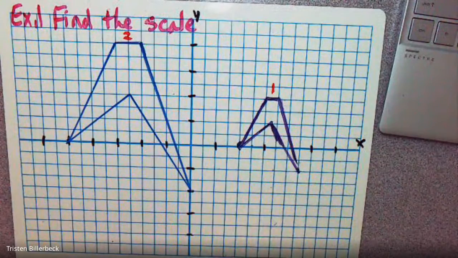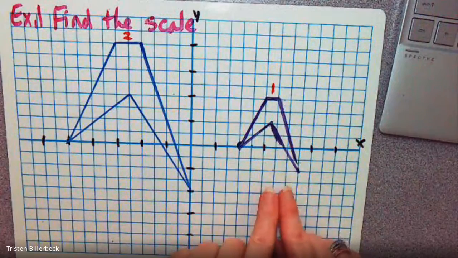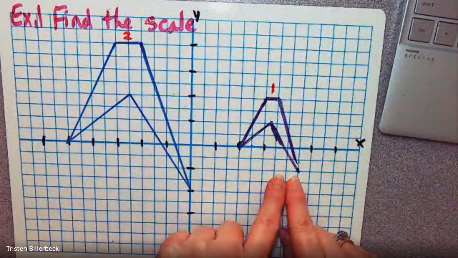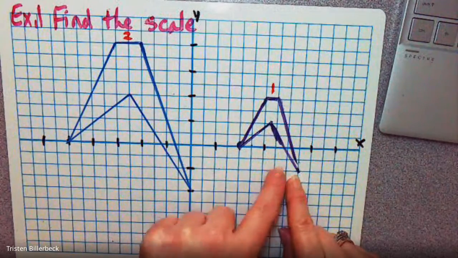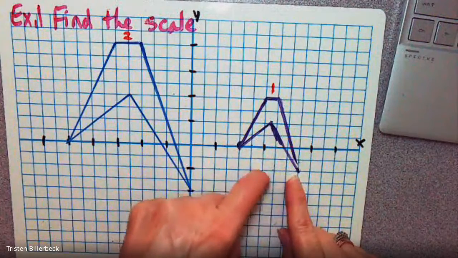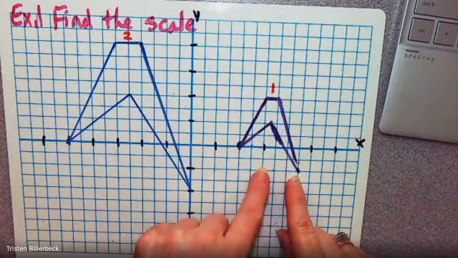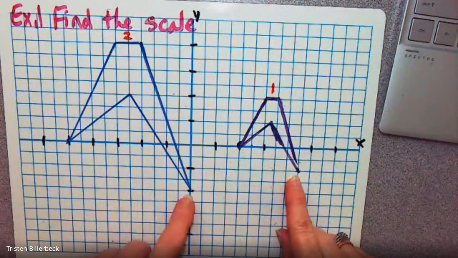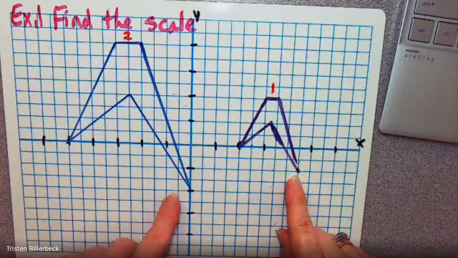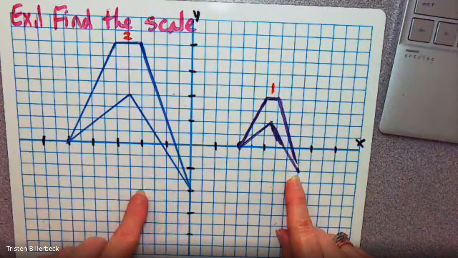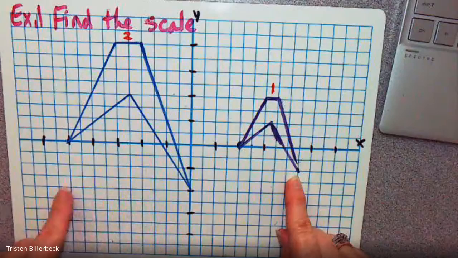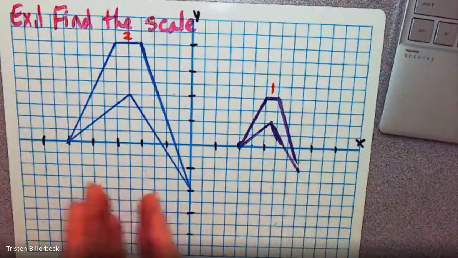But there's another way we could see the scale factor of 1 to 2. We can count here. We have 1, 2, 3, 4, 5. And if we count here, we have 2, 4, 6, 8, 10. So the width.